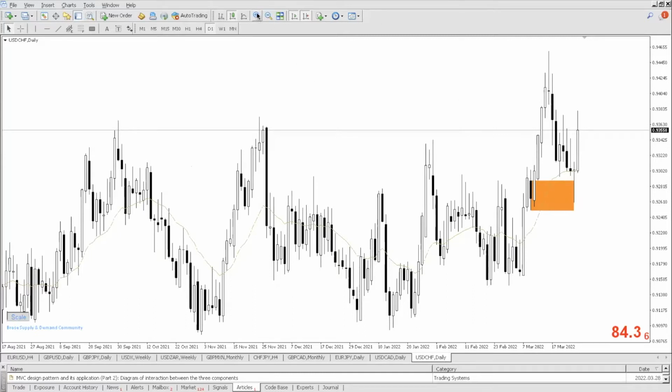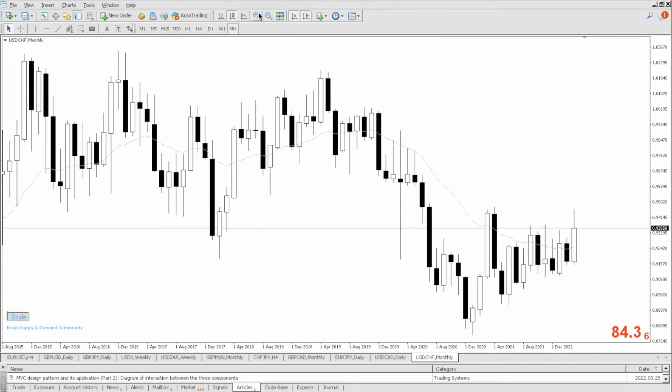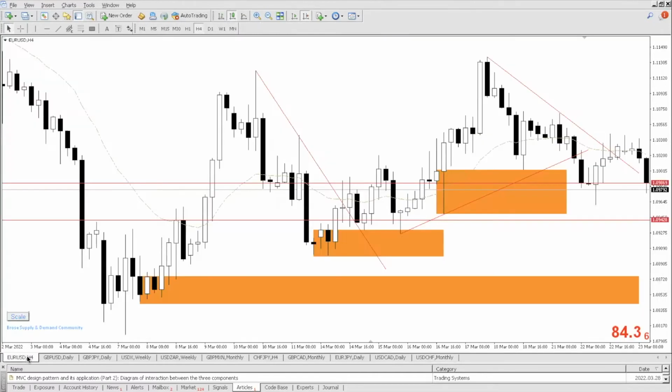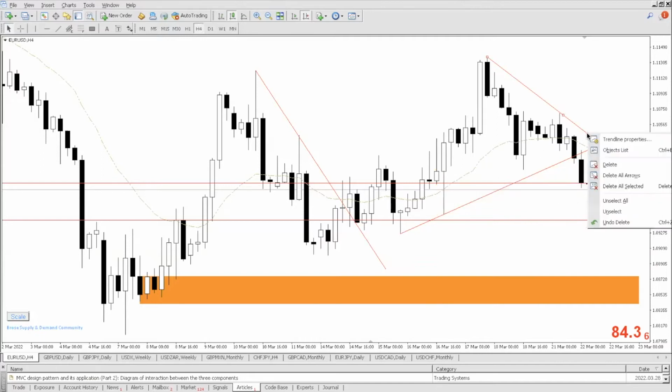So this pair is USD CHF. We can just start by looking at the bigger time frame. Actually, let me use the common pair that everyone usually trades, which is this one.